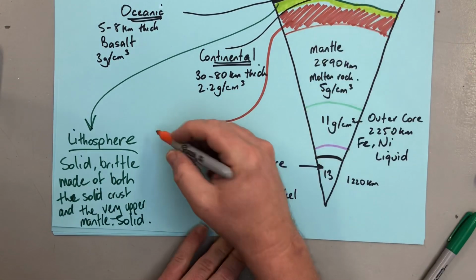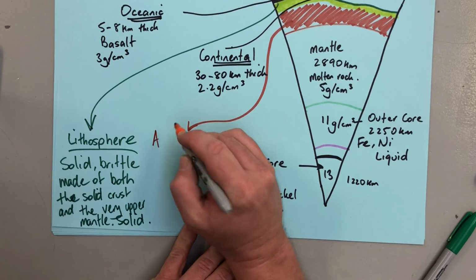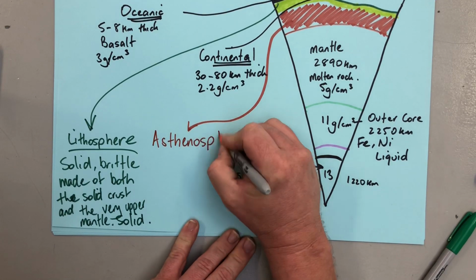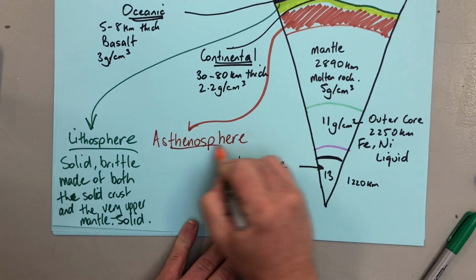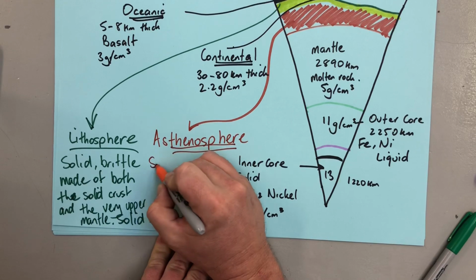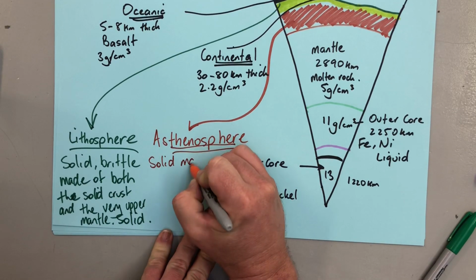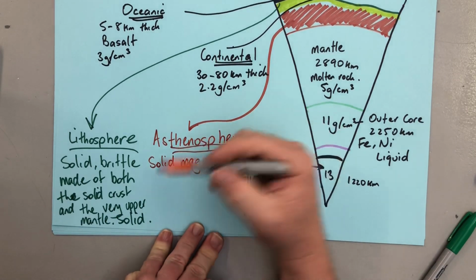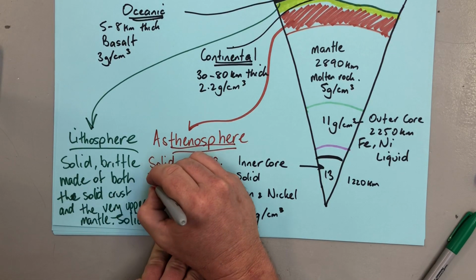This next layer here is really interesting. It's called the asthenosphere. It is solid, but this solid behaves like a liquid.